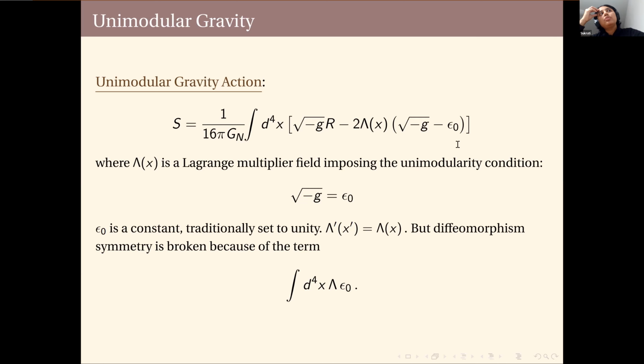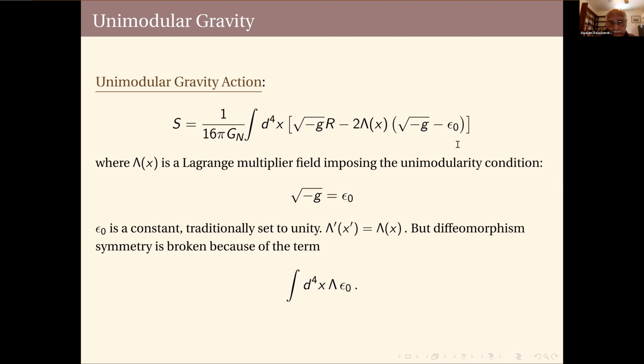Invariant under unimodular diffeos. Yes, right. Because the change is the determinant of the transformation, the Jacobian of the transformation. And so if you always choose it to be 1, that's a group.